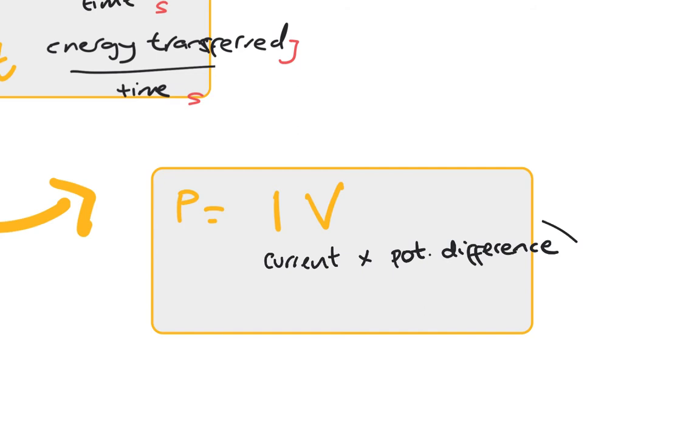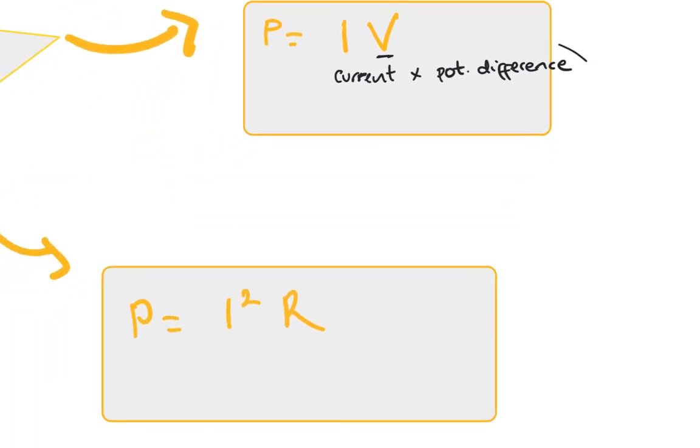Now, because that is one way of defining it, if you didn't have, for example, your value for potential difference, you can calculate it a third way. And that third way is here. You can derive this equation here by using this equation and the equation to calculate resistance from potential difference and current. And then if you use those 2 equations, you get power equals current squared times resistance.